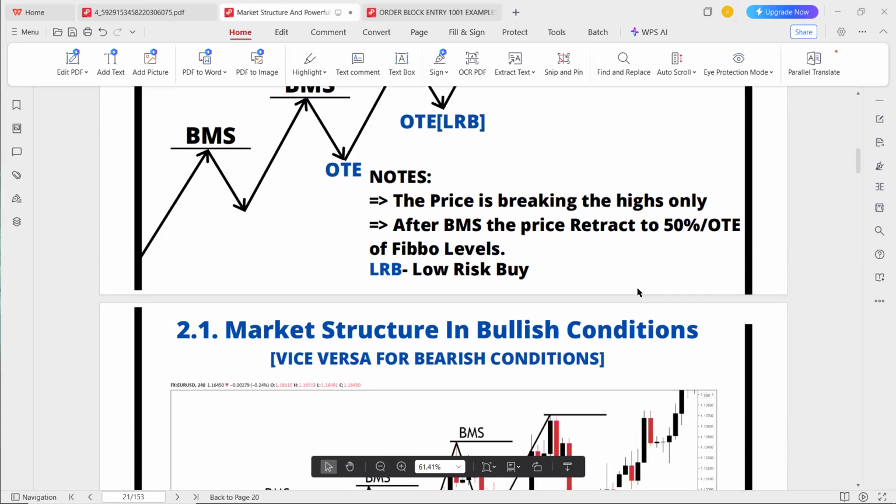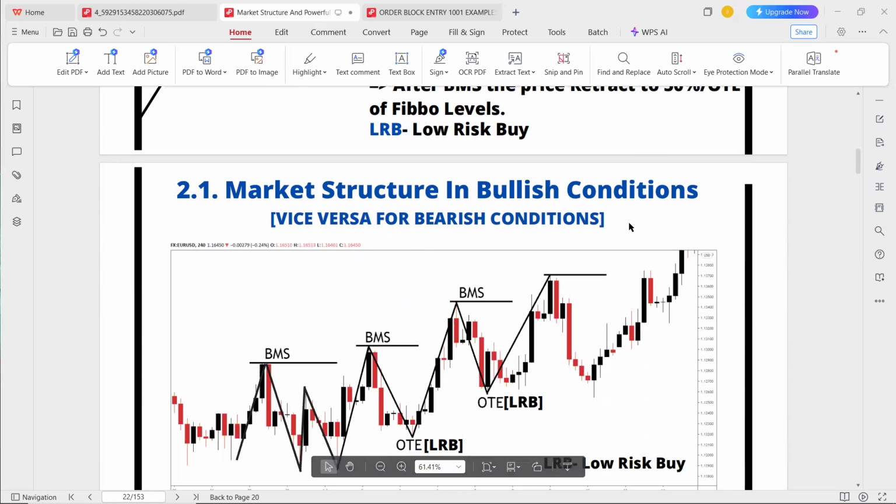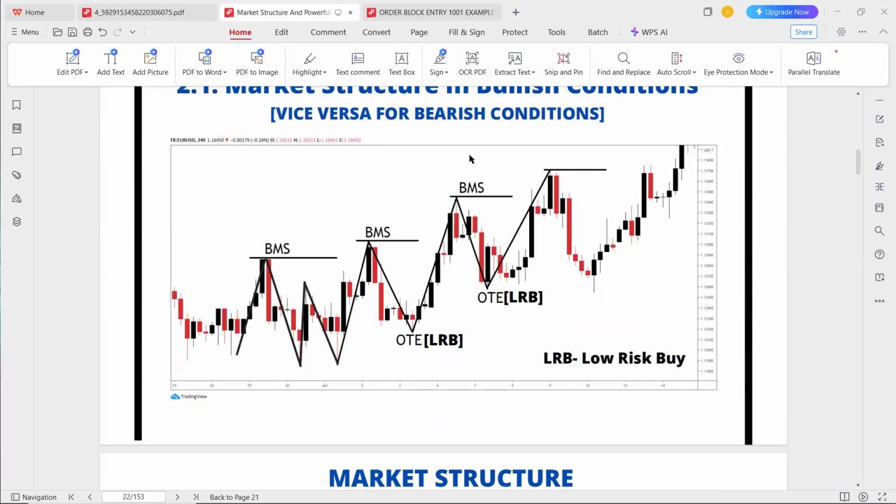All right. So market structure in bullish conditions. This is the actual illustration of a bullish move. We have our first break of market structure right here by this move. As a trader, if you see a structure being broken, the next thing you're looking for, you don't want to buy right here.